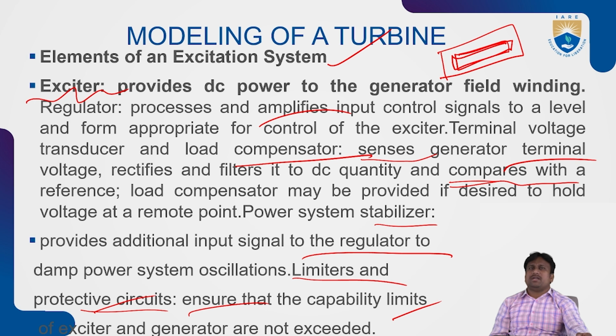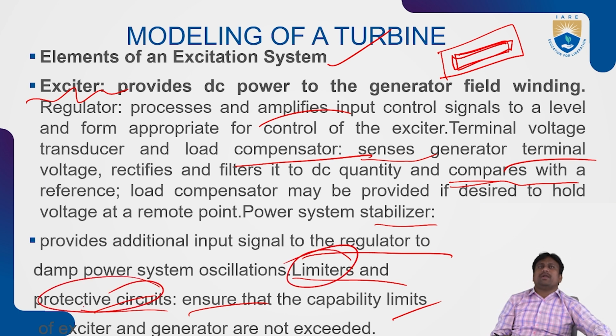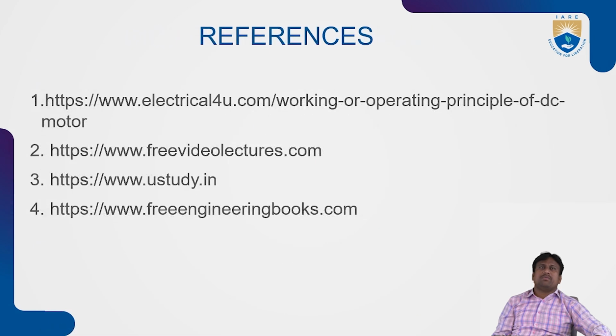It will provide additional input signals to the regulator to damp the power system oscillation. Limiters and protective circuits are one of the main components to discuss in the operation of the excitation system. Likewise, this system can be operated suitably according to the considerations of the parameters.